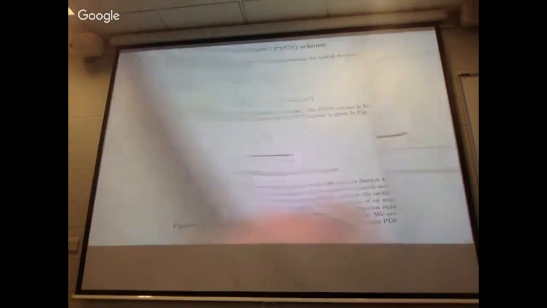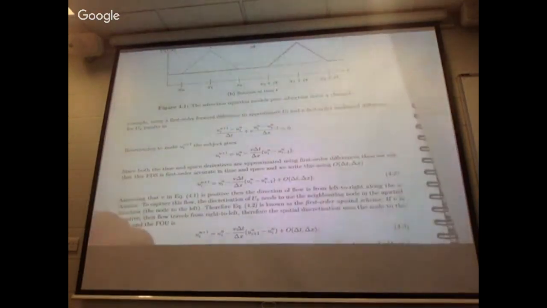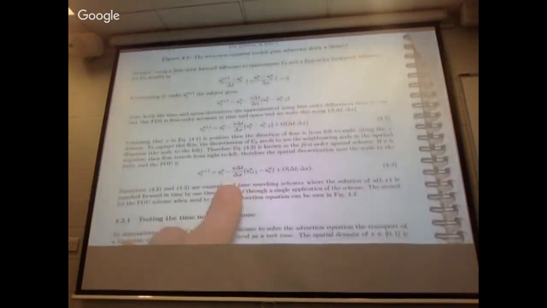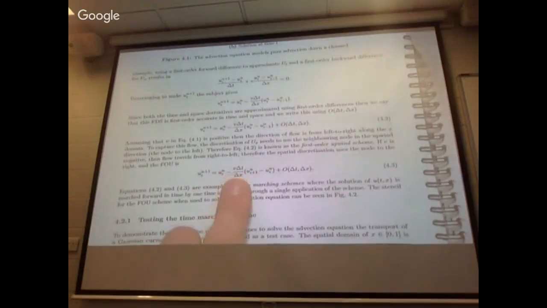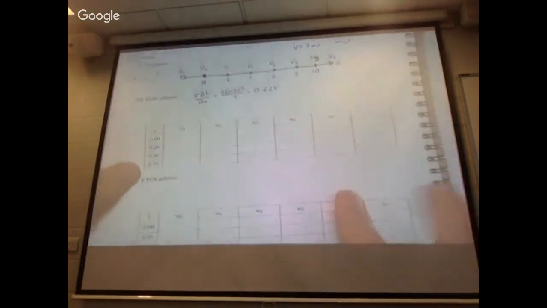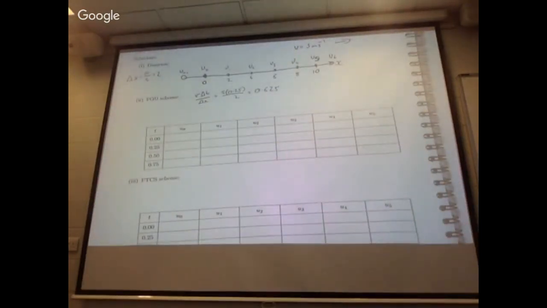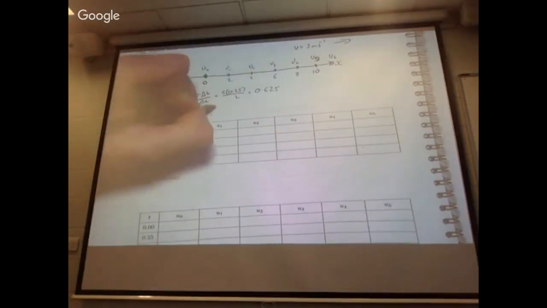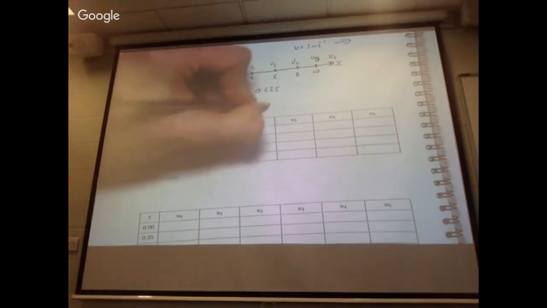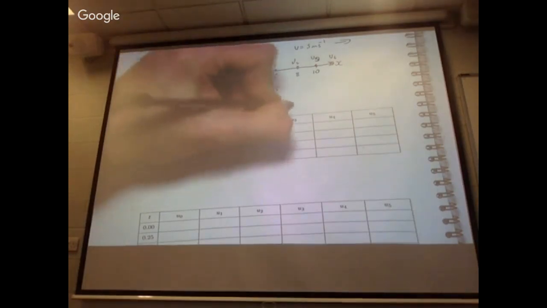I should really explain why I bothered calculating that. If I go back to the first order upwind scheme, here you can see v times delta t over delta x is multiplied by our nodes. This is going to be constant, so I might as well get that out of the way to start with. Okay, so our first order upwind scheme can be written as follows.